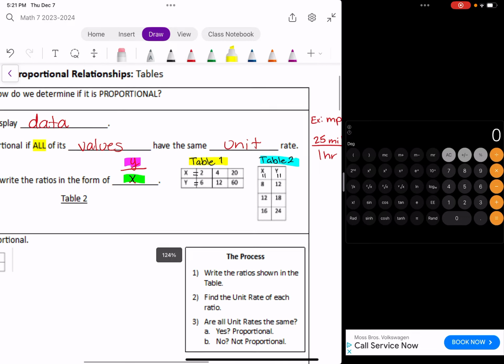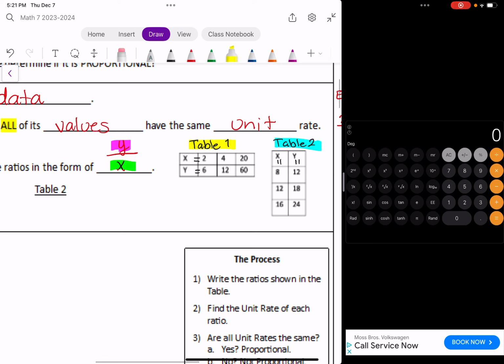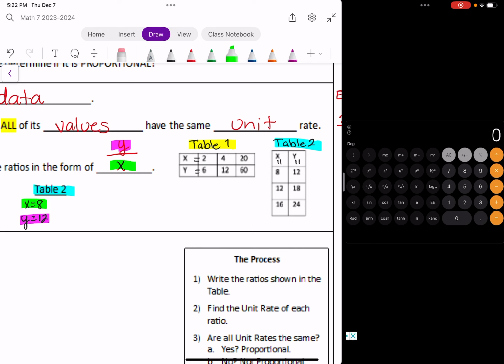Let's look at table number 2, which is blue. Our first x is 8, and our first y is 12. Again, our y's are going to be pink, and our x's are going to be green.